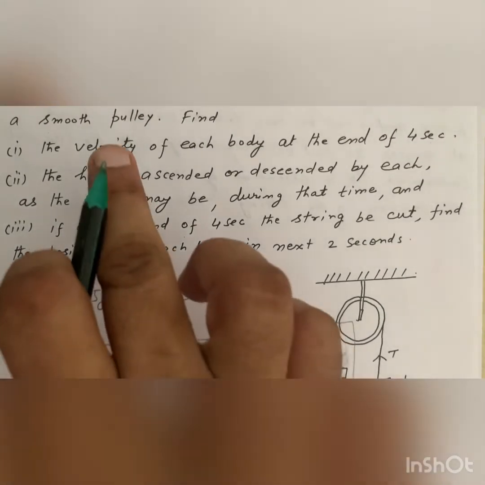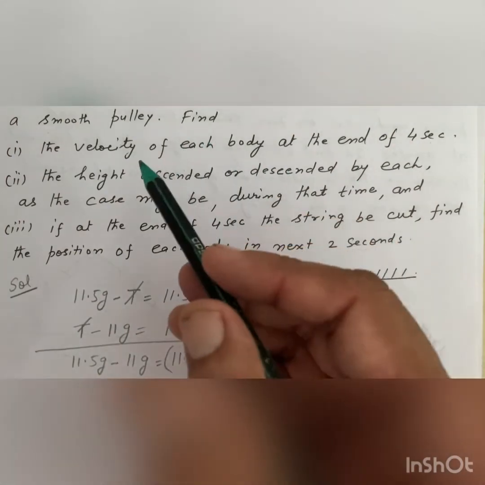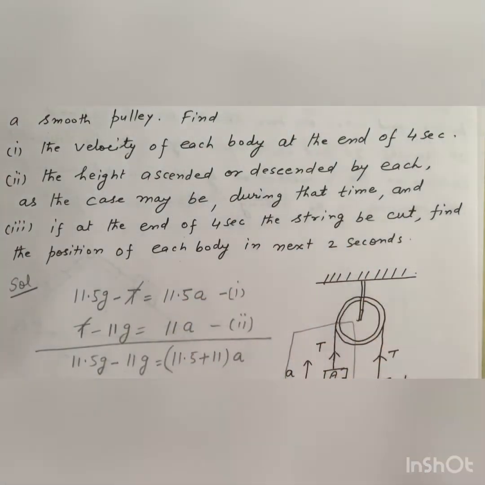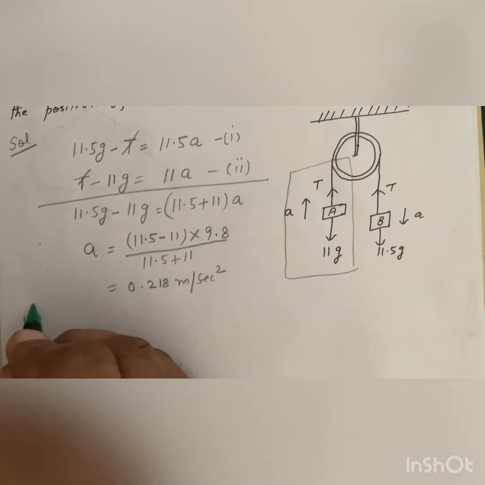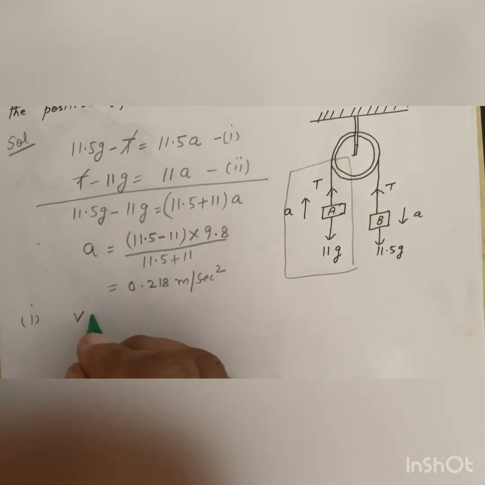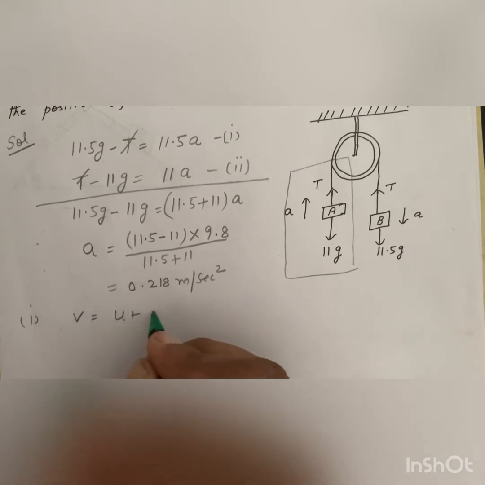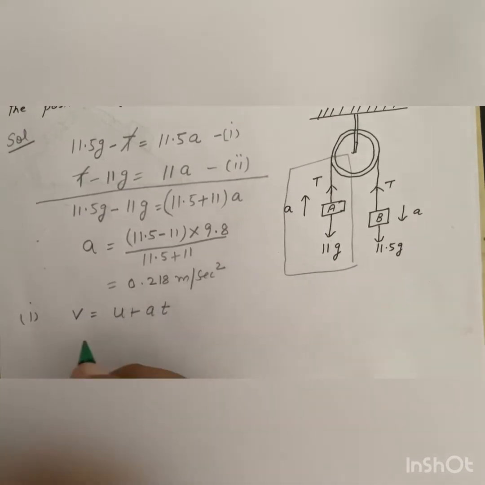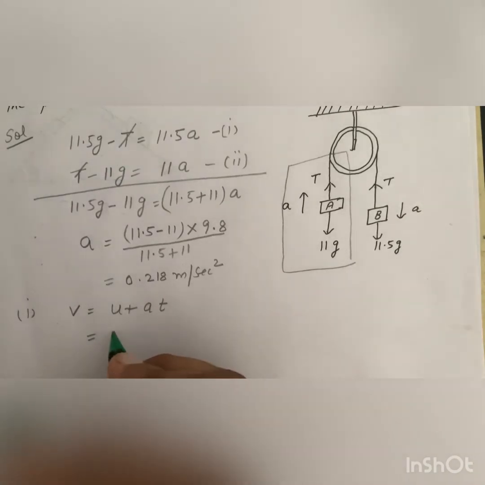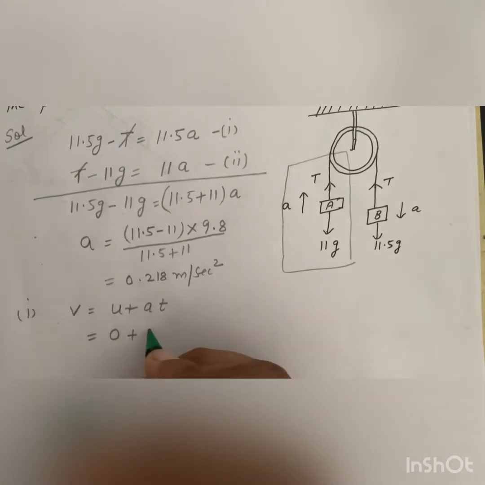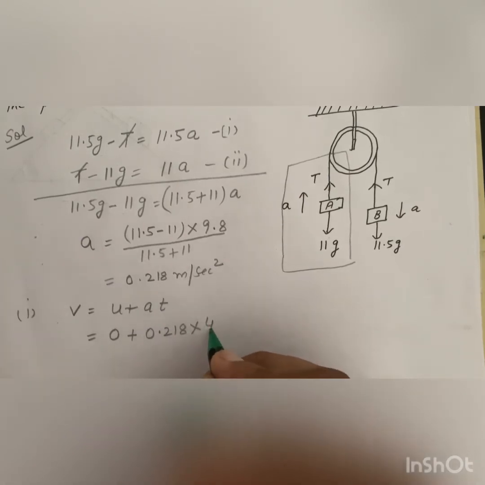First part is the velocity of each body at the end of 4 seconds. Here V is equal to U plus A T. U is 0, acceleration is 0.218 and time is 4 seconds.